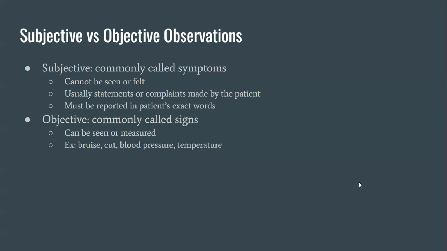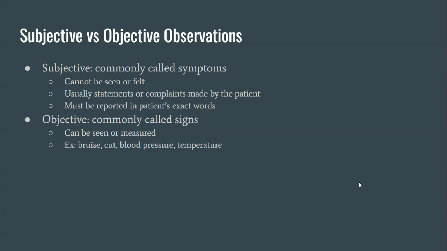These tend to be statements or complaints that the patient makes, and when we're recording or writing them down, we want to put them in the patient's exact words and in quotations. So, for instance, if my patient says that they feel hot or that they feel dizzy, I could touch them and feel that their skin is warm, but I can't know that they feel dizzy. I can't necessarily see that. I can't feel it just by touching them.